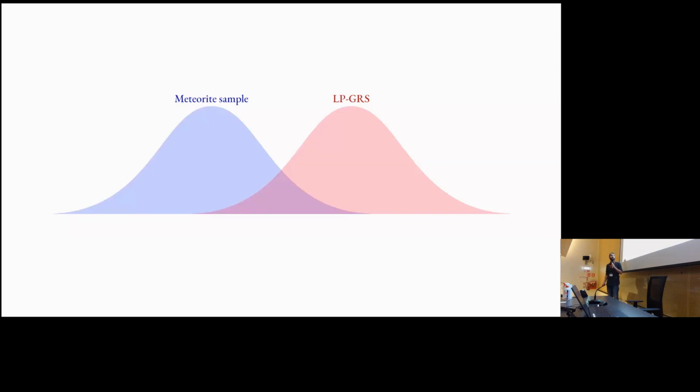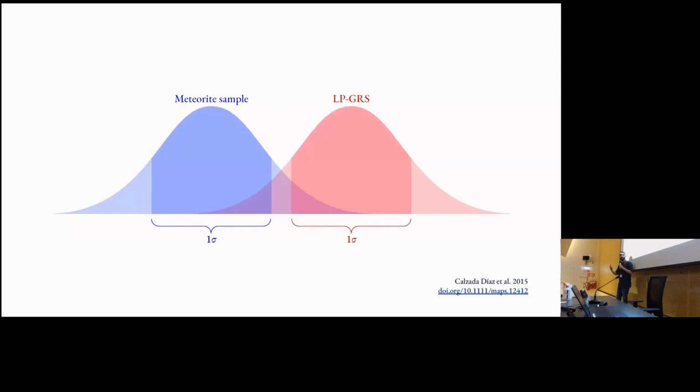So what was done in the past was selecting an interval of this PDF on both the sample and the remote sensing measurement out to 1 sigma or 2 sigma, some interval that you choose, and seeing if those intervals overlap.